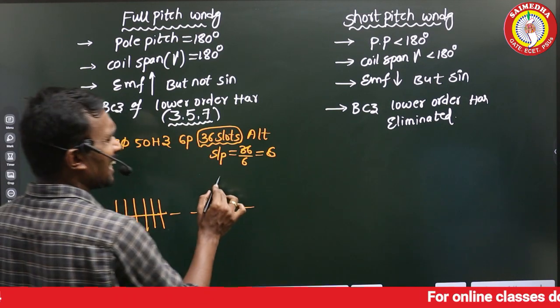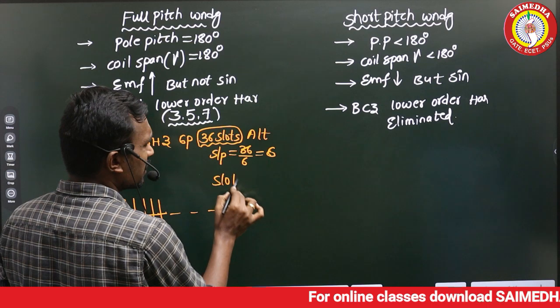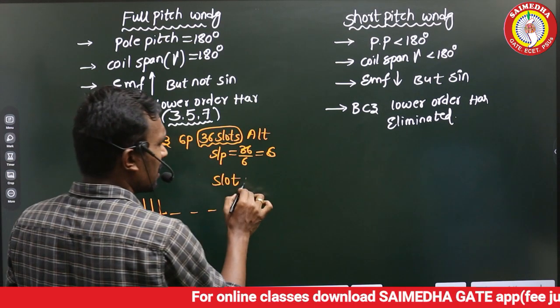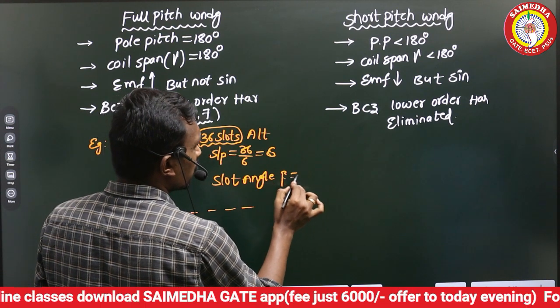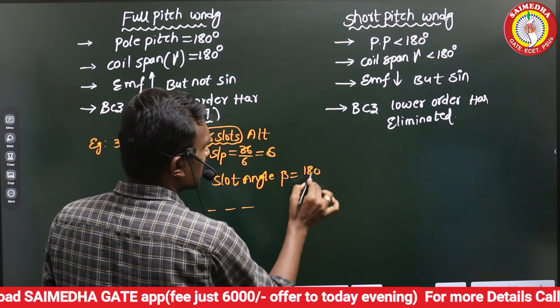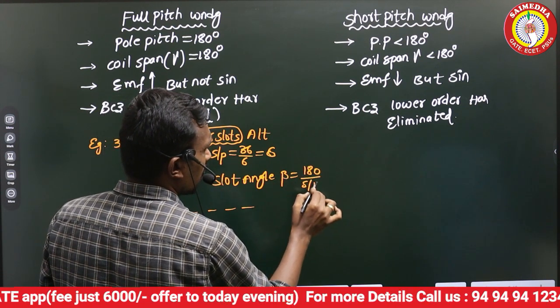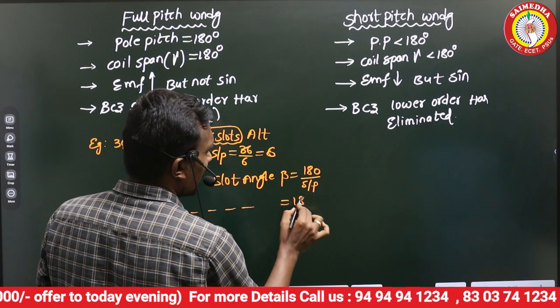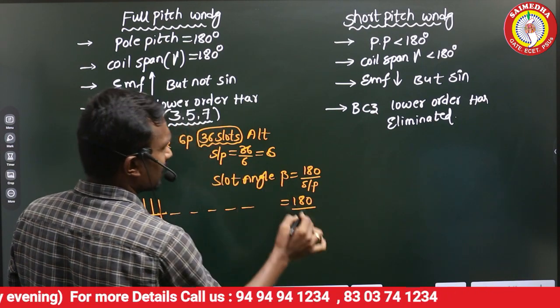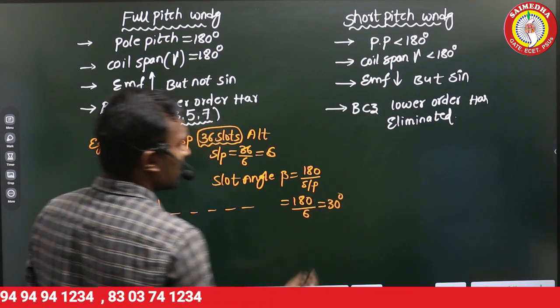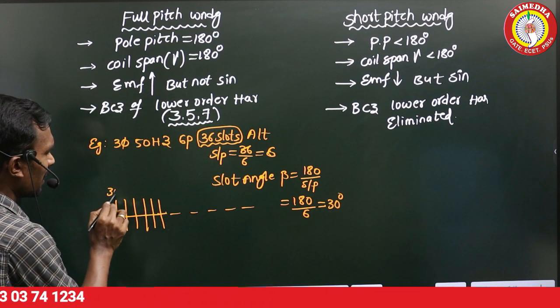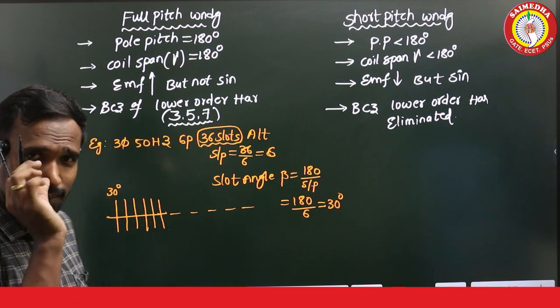What is the slot angle? You know already, we just discussed the slot angle formula. The slot angle beta is equal to 180 divided by slots per pole, that is 180 divided by 6, which is 30 degrees. Each slot angle is 30 degrees.